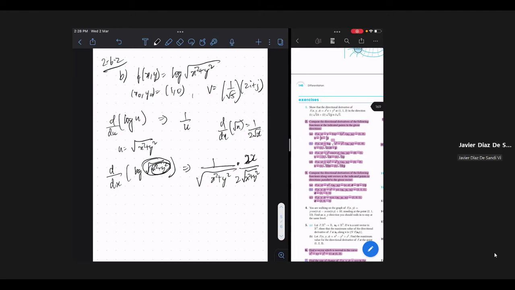Question: are you interpreting log as natural log? I thought the interpretation was log base 10. It doesn't really matter. I think you can just take it as 1 by u; you just get a constant term.